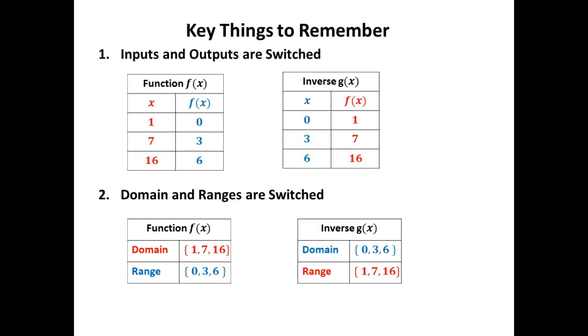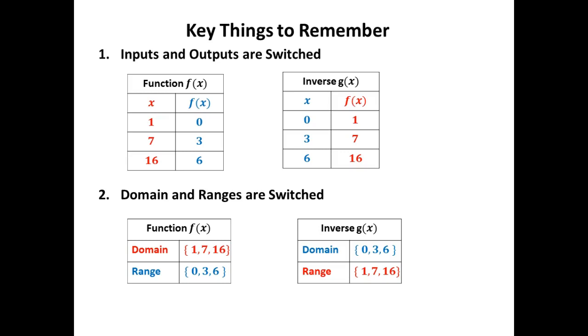Suppose I had some function f of x, and it had the input variable of x that took on the values of 1, 7, and 16. And the output values of f of x that took on the values of 0, 3, and 6. Well, if I found its inverse, g of x, the inputs and outputs would be switched.